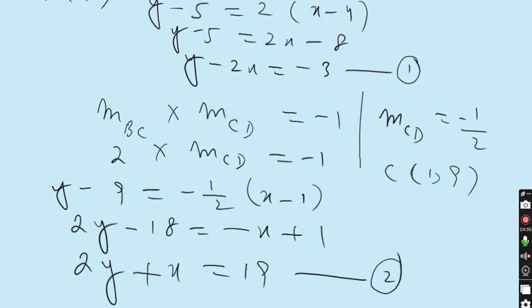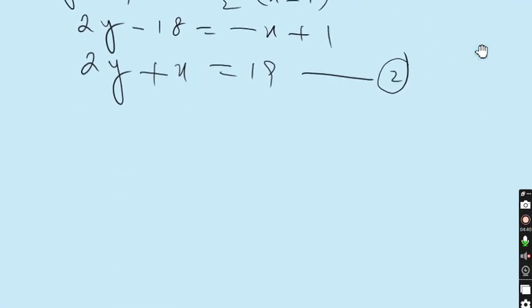Now solve these two equations, equation number 1 and equation number 2, to get the coordinates of D. What is equation number 1? y minus 2x is equal to minus 3. Now I am going to apply the method of elimination.